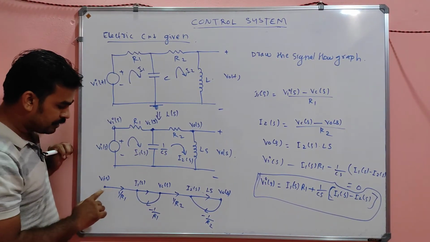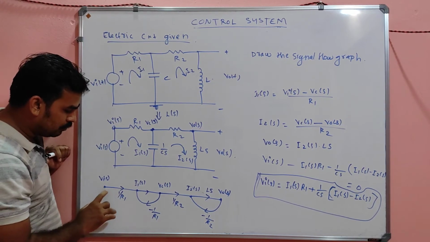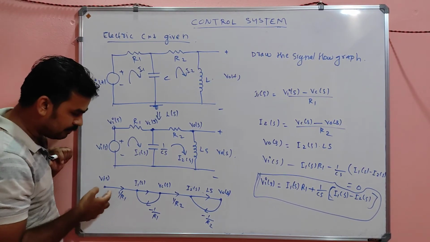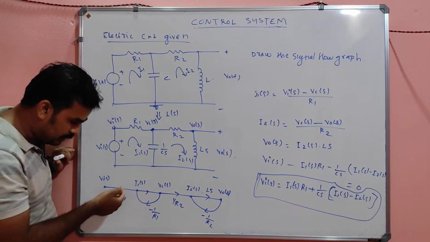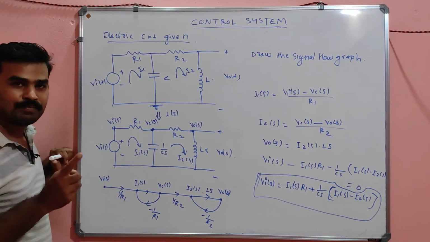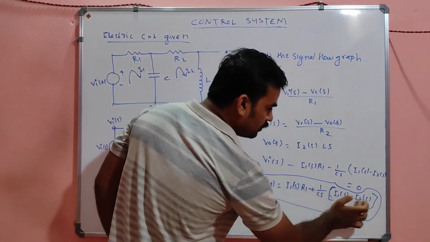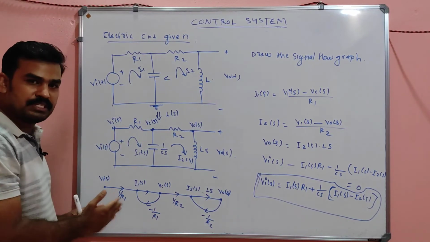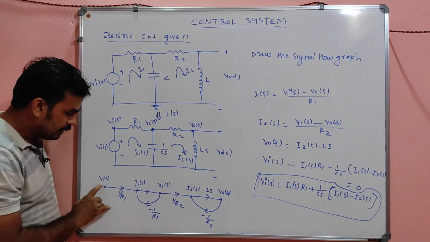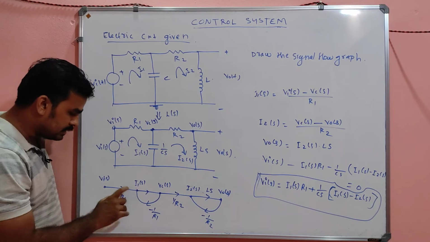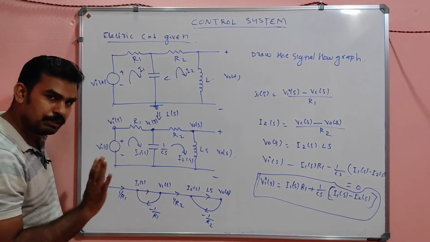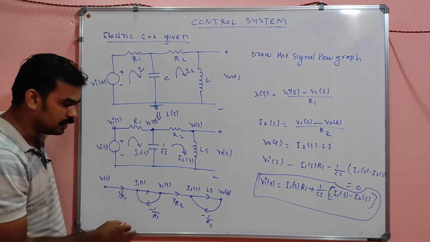We note one thing: we got I1 of s equal to V1 of s divided by R1. It can be possible to draw this in reverse direction. In every parameter in the input equation, the same situation will happen. That means first you draw I1 of s as V1 of s divided by R1, in forward direction.